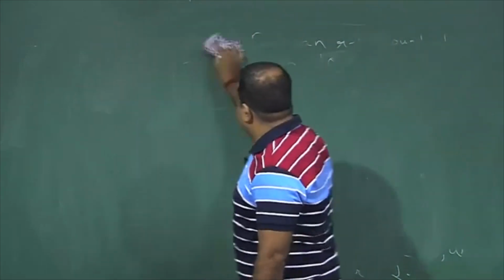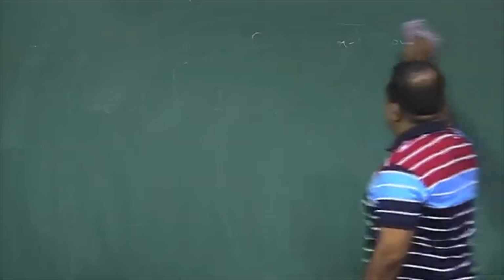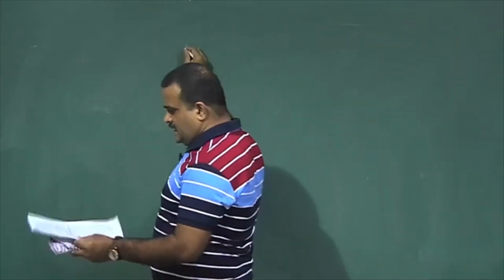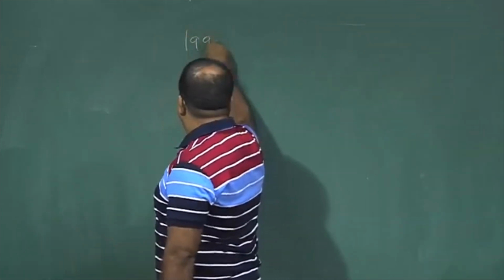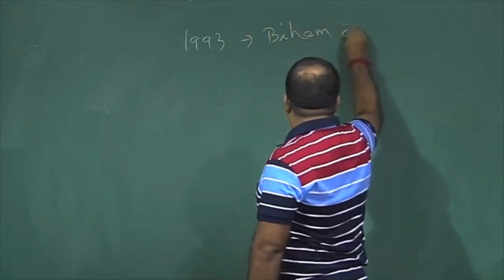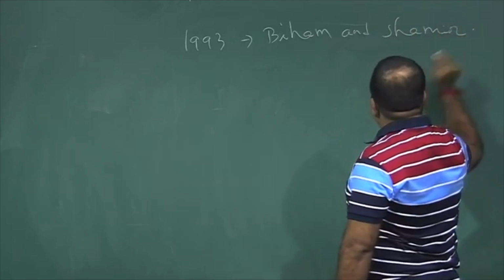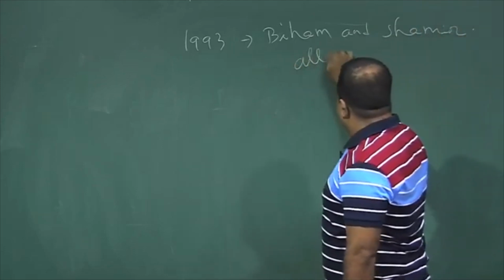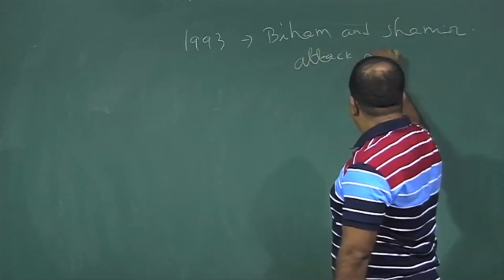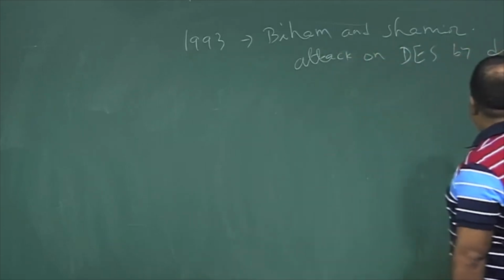In 1993, Biham and Shamir attacked DES by differential cryptanalysis.